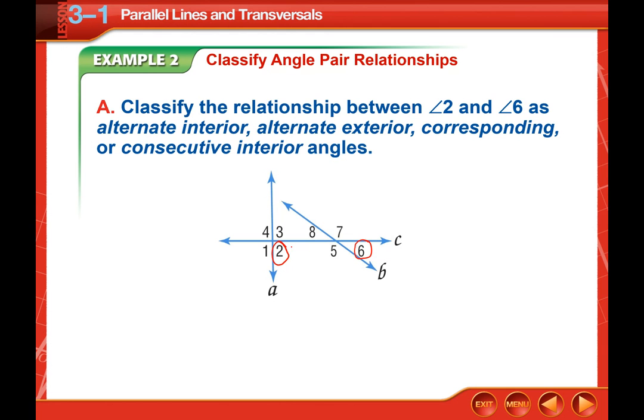Okay, both of these are below this transversal. They're on the same side of the transversal, and they're on the same side to the right of the lines that are forming them. These are corresponding angles. Okay, this was the last case that we discussed on the previous page.